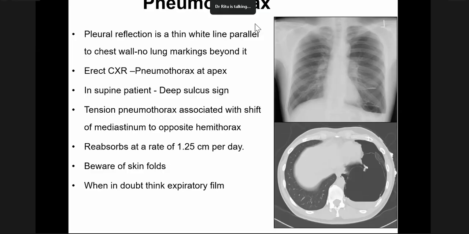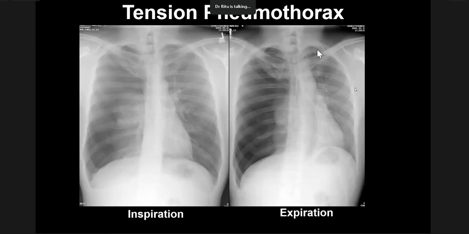You can do an expiratory radiograph. You ask the patient to breathe out, and then it is more obvious. Here's an example. This is a very large pneumothorax, as you can see here. This is inspiratory and expiratory done at the same time, and you can see that the same pneumothorax looks much more conspicuous on the expiratory view.